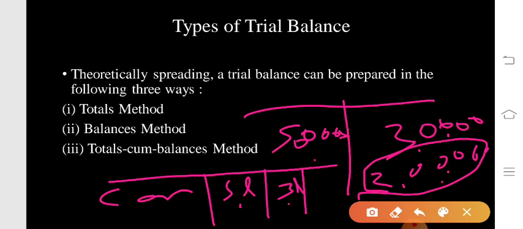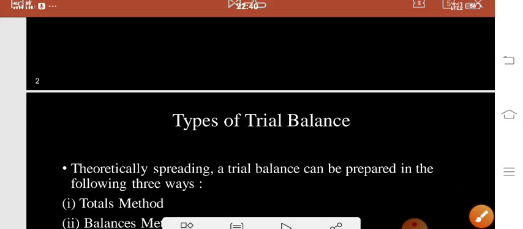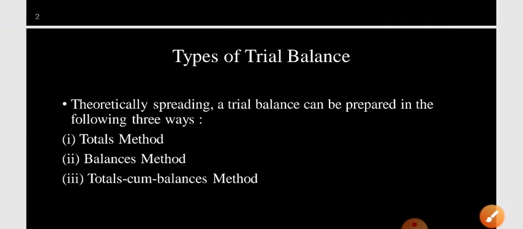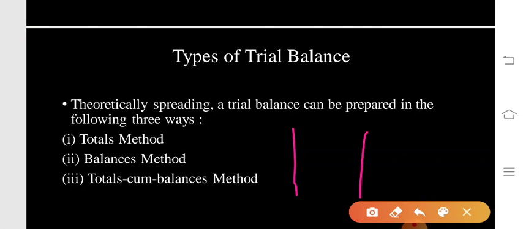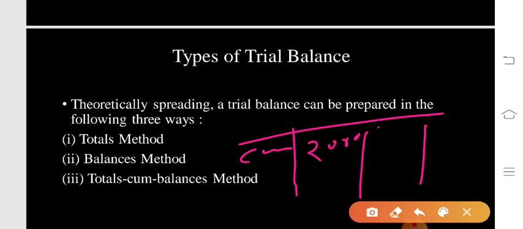And in this balance method, we'll simply have to show cash at the debit side, 2 lakh. Now why have we written it on the debit side? Because the debit total was higher.